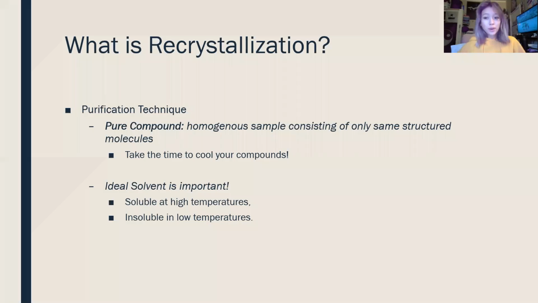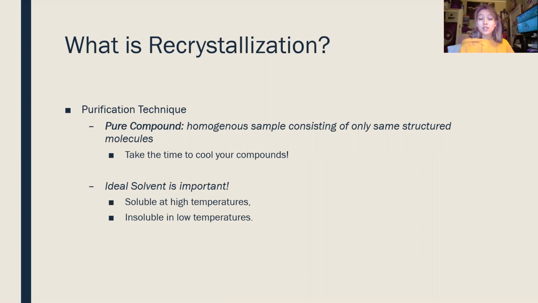All right, so this is lab 1, recrystallization. So what is recrystallization? It's basically a purification technique. This is really important for lab because you're going to be using it for both OChem 1 and OChem 2 labs. It's something you're going to use all the time, because whenever we do reactions and we're trying to get a specific compound, we want to make sure that it is pure.